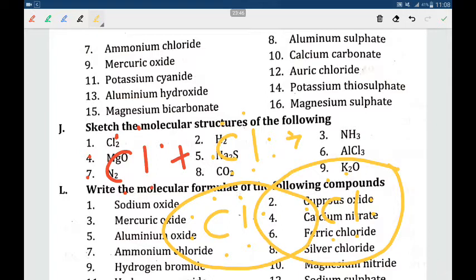Okay, these electrons are shared. Then what do you get here? Afterwards, we can get Cl single bond Cl. Okay, Cl single bond Cl. Done.